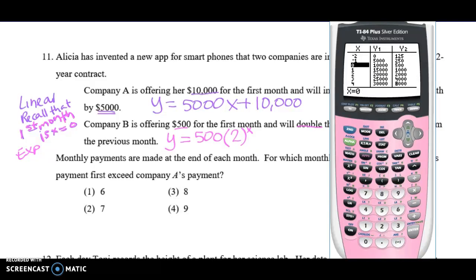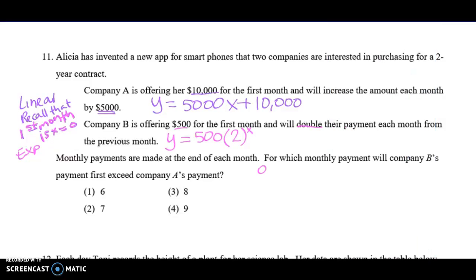So x equals 0, that's my first month. And then second month, third month, fourth month, fifth month, sixth, seventh, eighth. So it is the 8th month because in our table 0 was my first month.